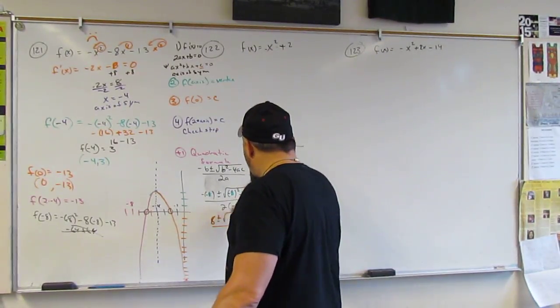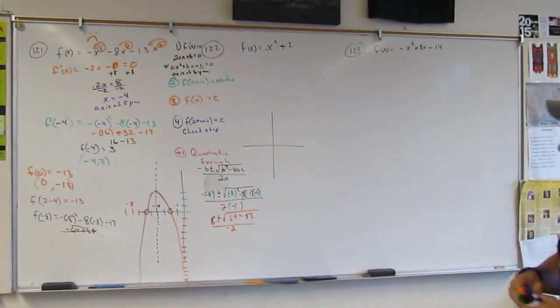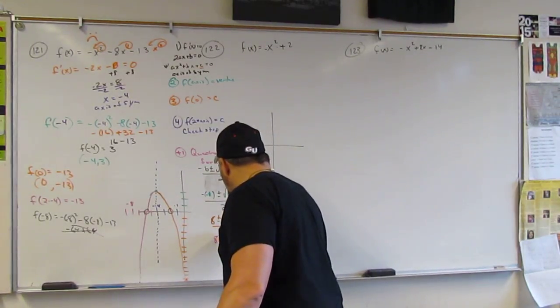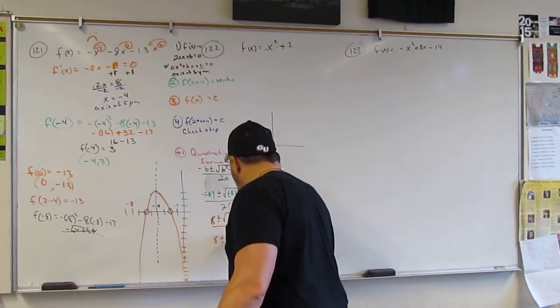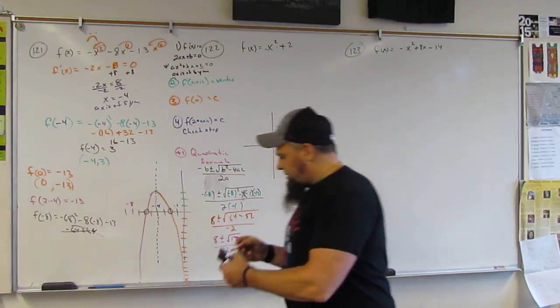Okay. All over negative 2. Okay? And so, what is 64 minus 52? Good. 12. All over negative 2. Okay.